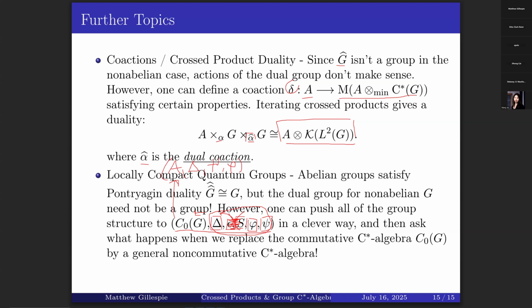And this is what a quantum group is. And these give you a class of C-star algebras which are very interesting because they exhibit many properties that a group would, but there's no underlying group to be found. And you can also talk about cross products of these things because they're associated to groups.